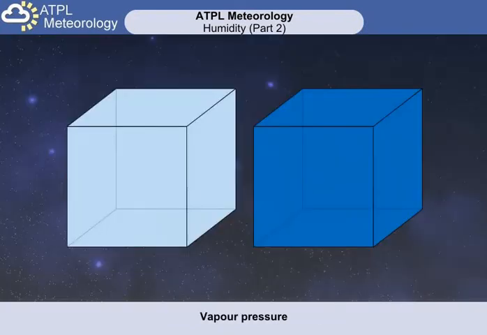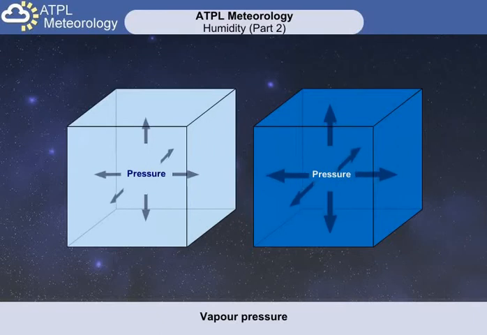Here we see two boxes containing moist air. However, one is more moist than the other. In the atmosphere, each constituent gas that makes up the air exerts its own pressure. It is the sum of these pressures that actually makes up the total atmospheric pressure that we often use in aviation.